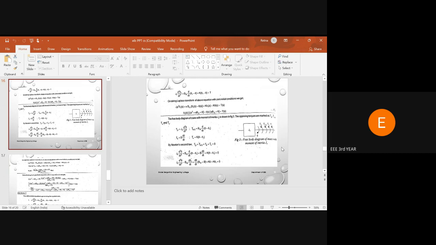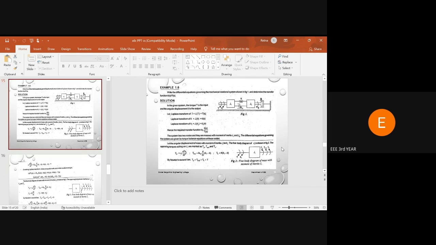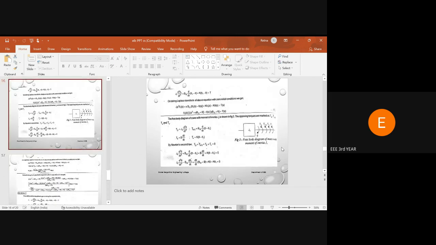Next, split into two equations, theta 1 of s form and theta of s form. Next, note the second moment of inertia. In this moment of inertia, there is no applied torque, only the opposing torques. The opposing torques are TJ2 plus TB12 plus TB plus TK.